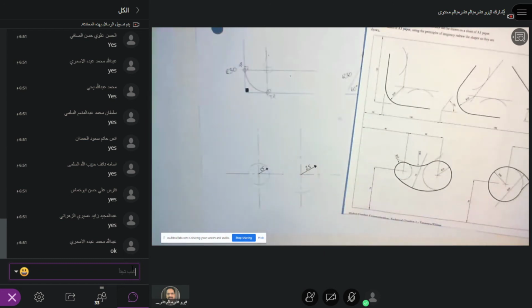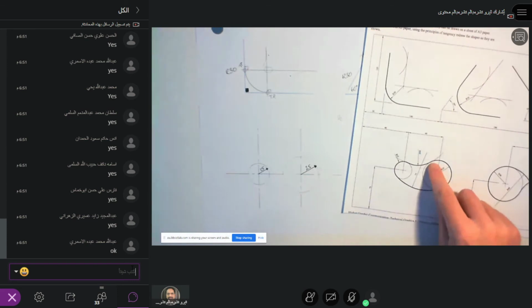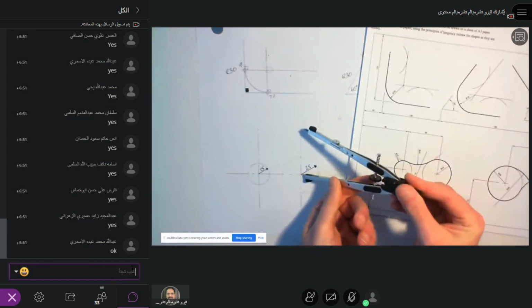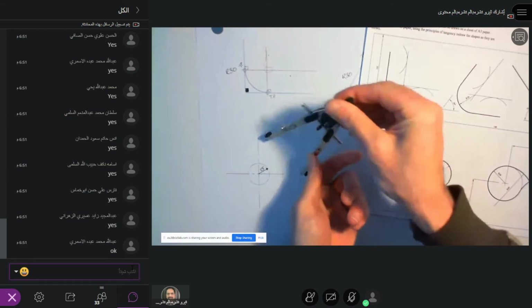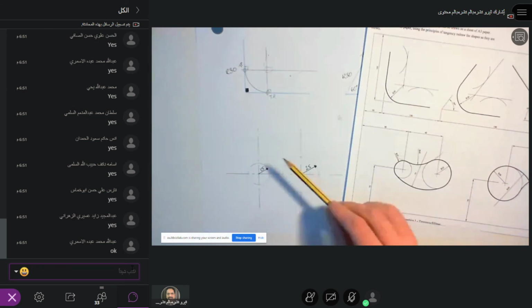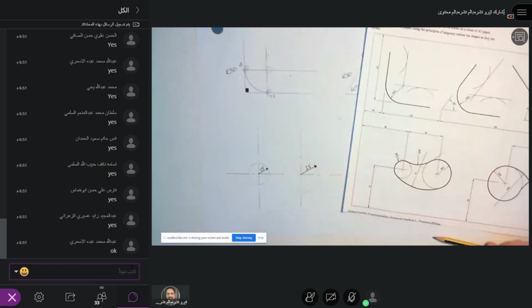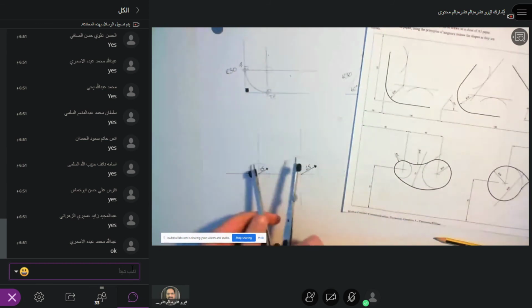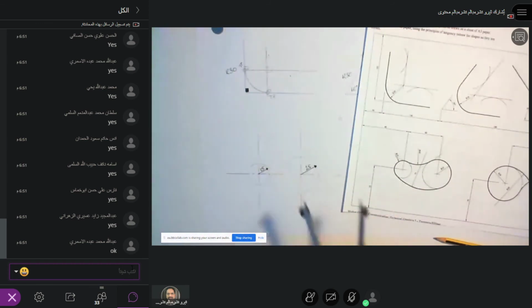So as before, I'm going to set my compass. Be really careful, set it to 65 this time, because it's 25 plus 40. Put my compass point in that fixed point that I know about and draw another arc. Now where those two cross over is where I'm going to put the point of my compass in order to draw this top tangent curve.